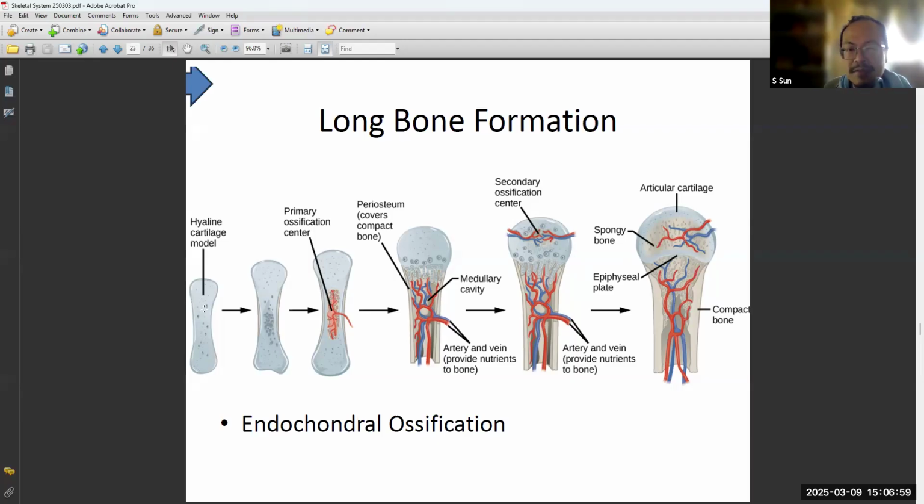So a lot of this matrix material, but they are soft, so cells can freely move around. They can migrate around and continue to secrete collagen, hyaluronic acid, and those proteoglycans, and so they form this cartilage. And this cartilage is what we have before we have the bone.